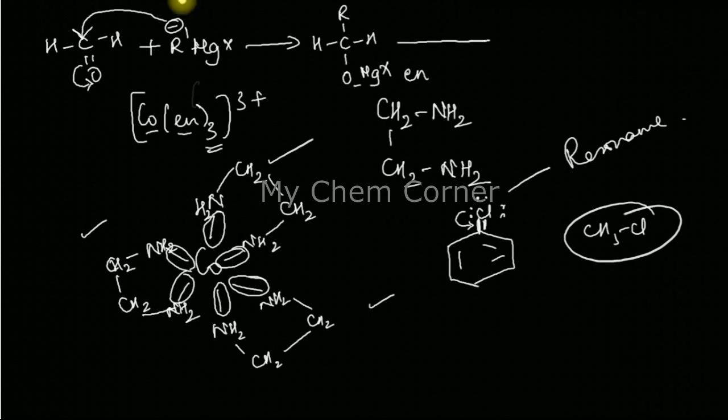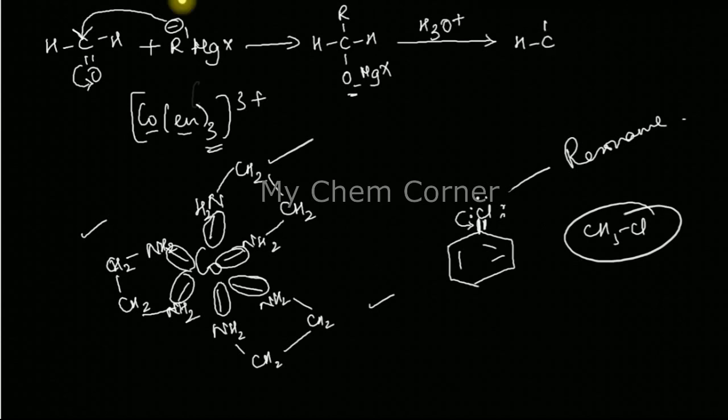Further, the question says it will undergo hydrolysis, so it has to react with water. Here I'm going to do acid hydrolysis. The O minus will pick up a hydrogen and form OH, and the remaining part will form Mg(OH)X.